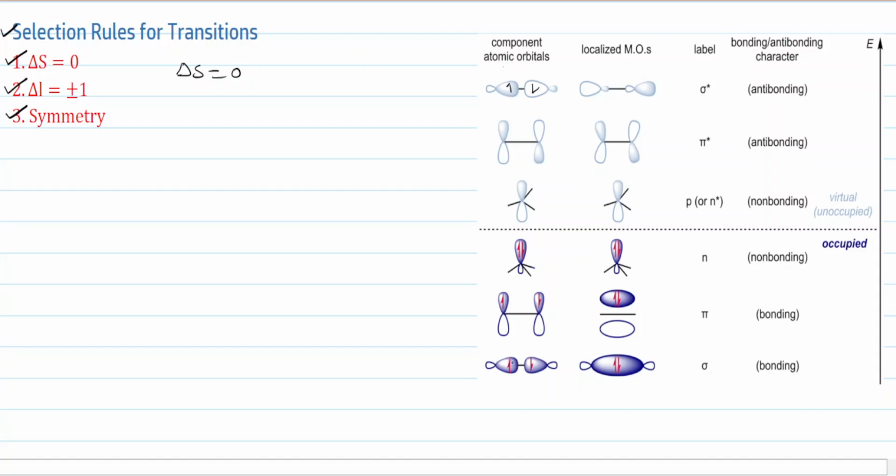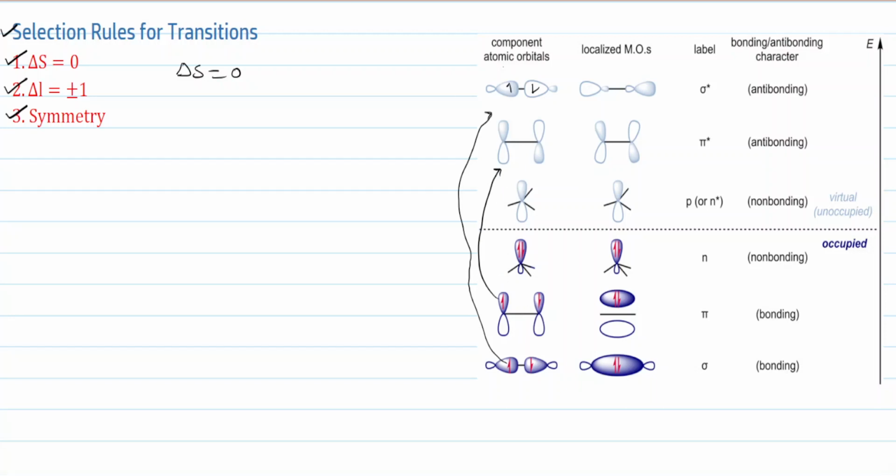Consider this sigma orbital or this pi orbital. When the electrons from this orbital are promoted to sigma star, or from this orbital to pi star, then what happens? If the spin of this sigma electron or pi electron remains same after promotion, so it is in the upward direction, if it remains in upward direction in both cases, then the spin after promotion is same.